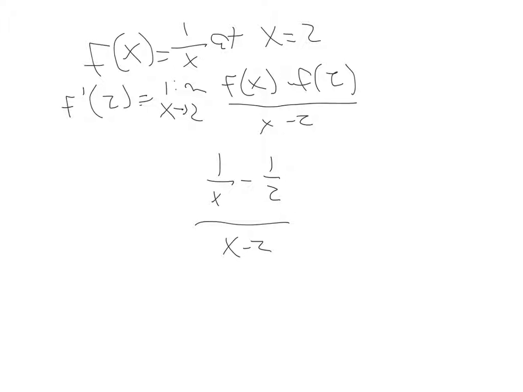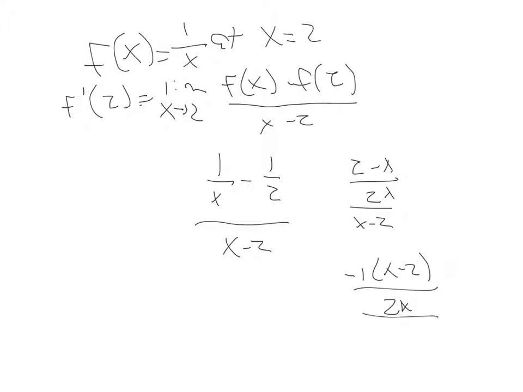So I've got 2 minus x all over 2x all over x minus 2, which is the limit as x approaches 2 of 2 minus x all over 2x times 1 over x minus 2.